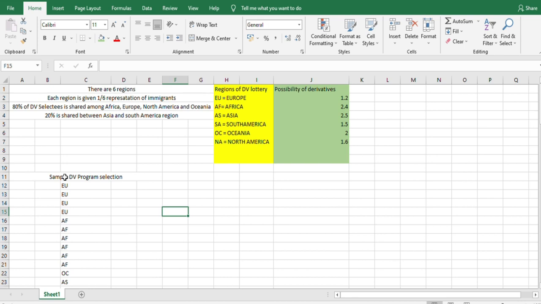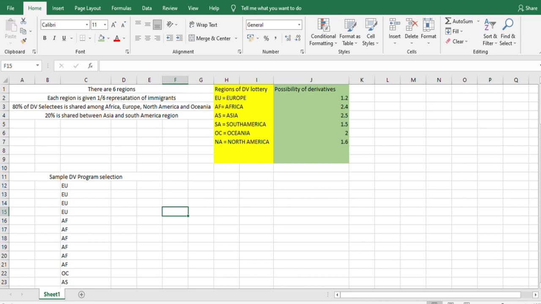And this selection will not be affected by the level of education, your status, if you're single or married, or whatever situation. It will be randomly assigned to every entry submitted.